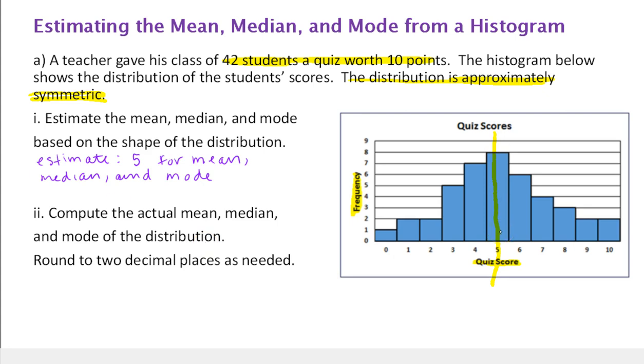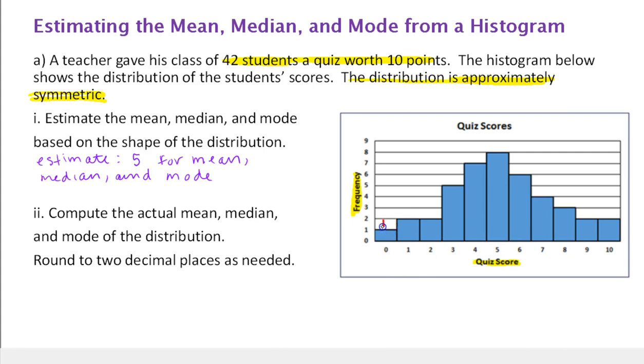Now let's compute the actual mean, median, and mode of the distribution. We're going to do this similarly to how we did this for a frequency table. So this is like a frequency table. With a frequency table, these values would be listed in a left column, and the height of these bars, the frequency, would be listed in the right column. So we have the quiz scores listed, so let's write the height of the bars, which is the frequency, for each quiz score.